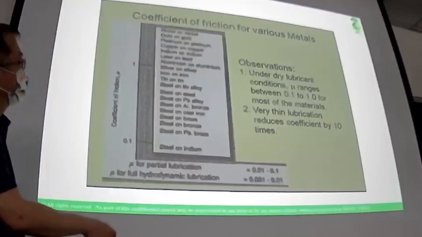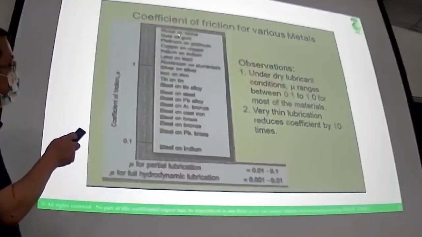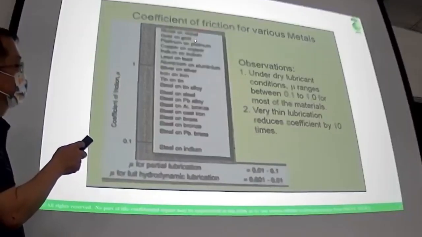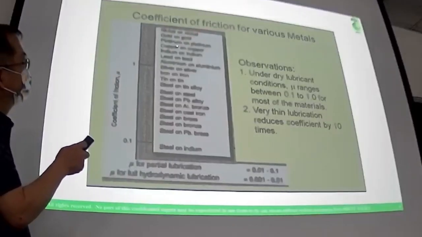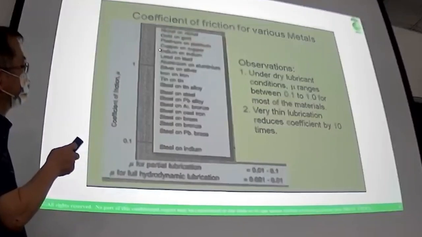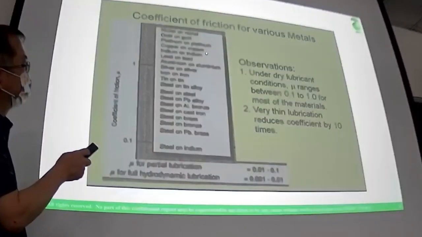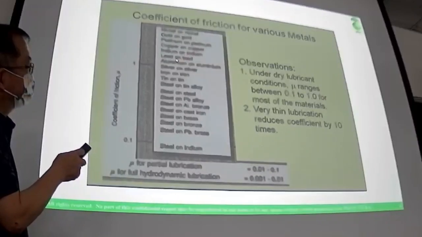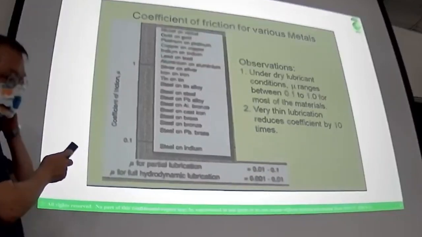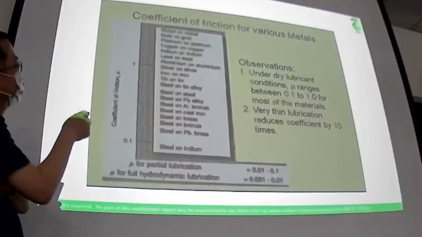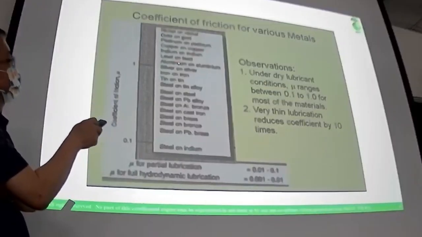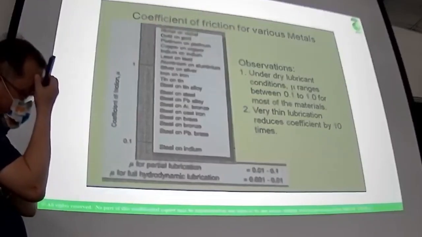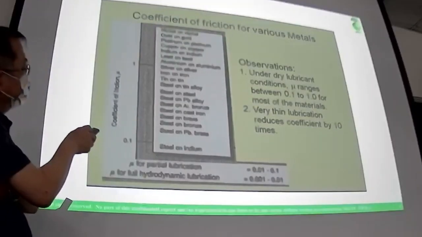You have nickel on nickel, gold on gold, platinum on platinum, copper on copper, indium on indium, lead on lead, aluminum on aluminum. These, on the top of this table, are high, more than 1.